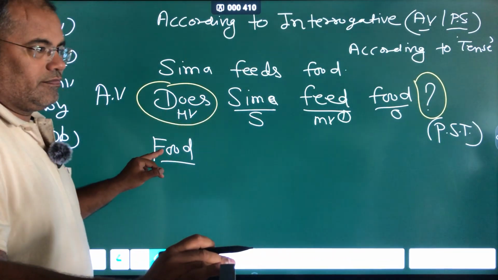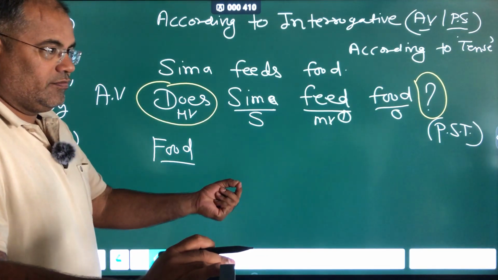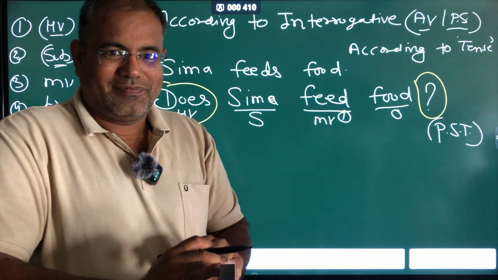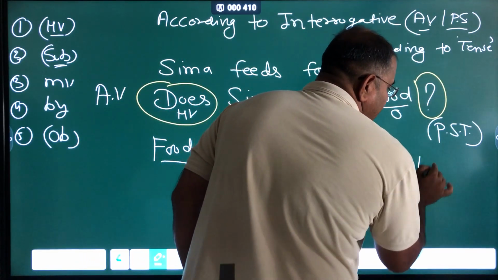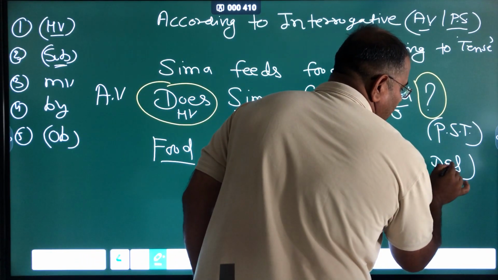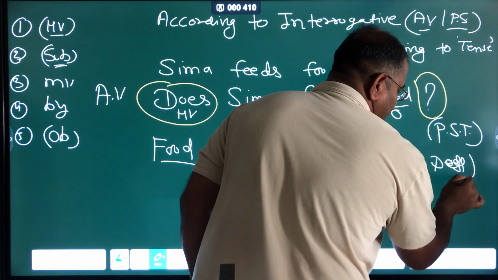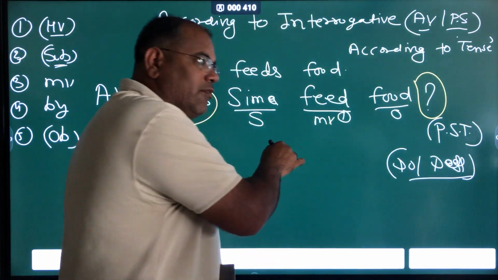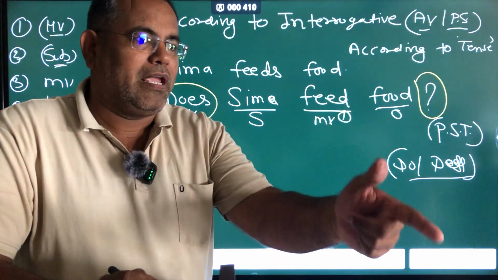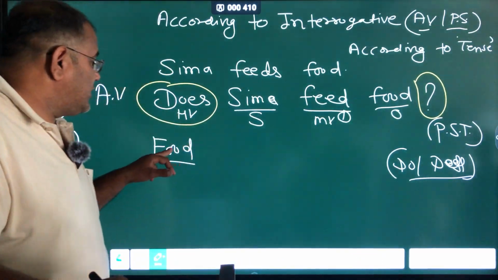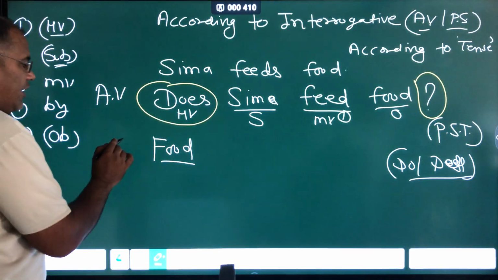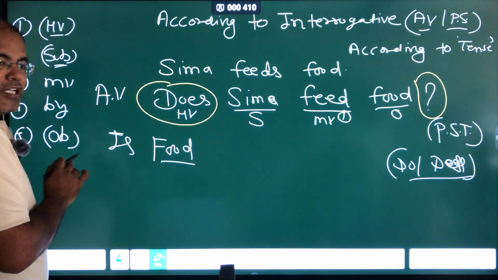And food is singular or plural, we have to notify here. Food is singular, so we have to use here is, because if do and does are given as a helping verb in the active voice, then we have to change in the PV to is, am, are according to subject. Is that clear? Subject is here food, so we have to use here is. Why?